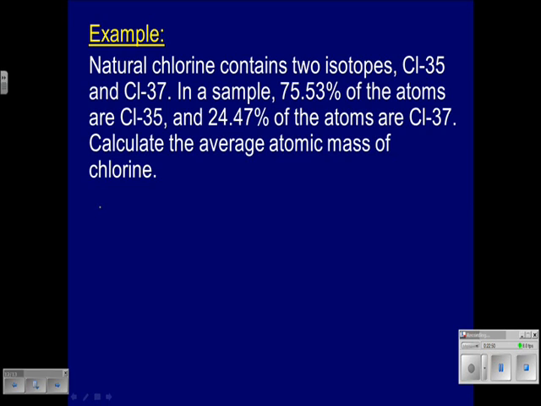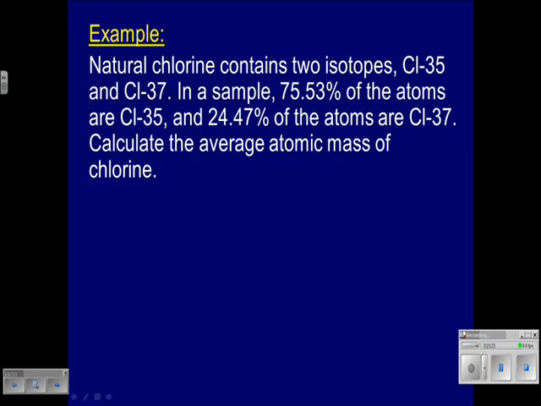But if you think it through, if 75% of the classroom is 35-year-olds, and a lot fewer, 24% of the classroom, are 37-year-olds, then the average age has got to be closer to 35, because there's 75% of the class.